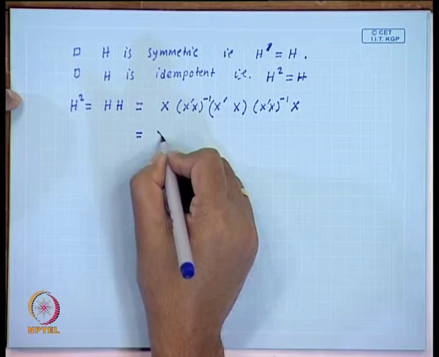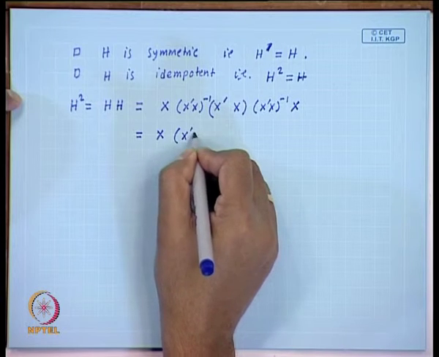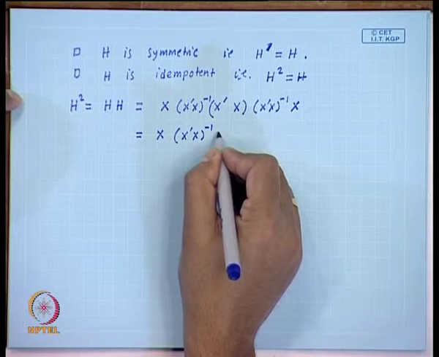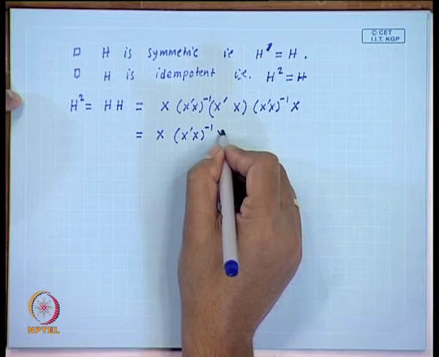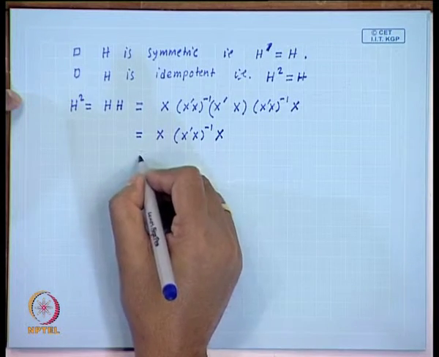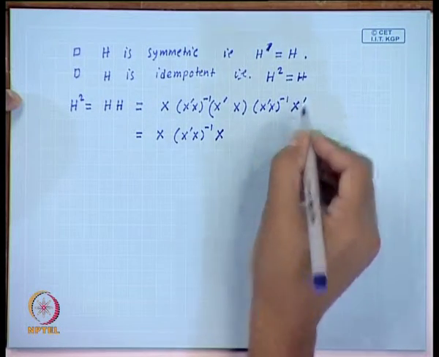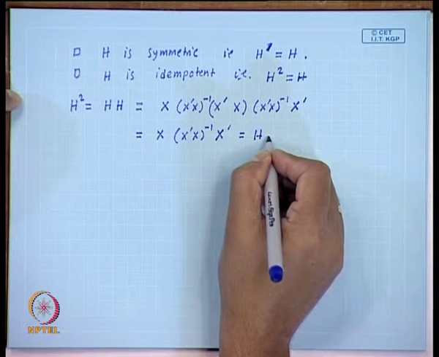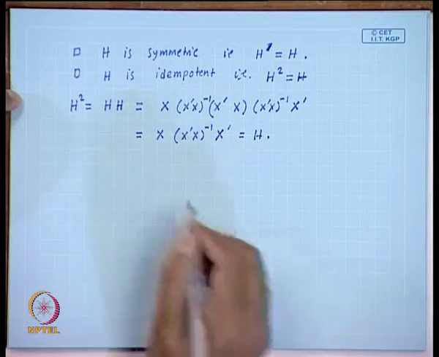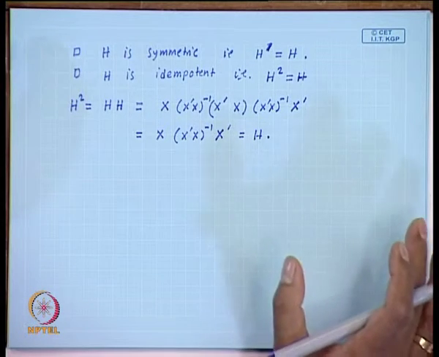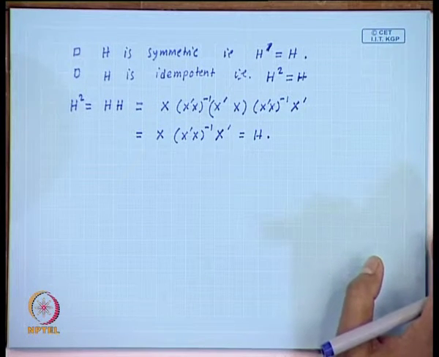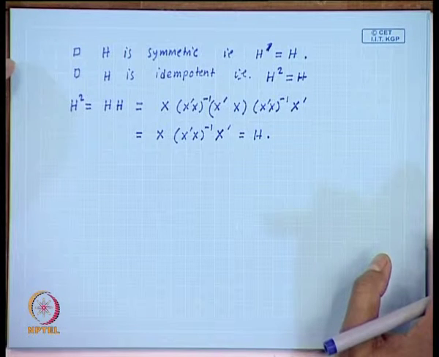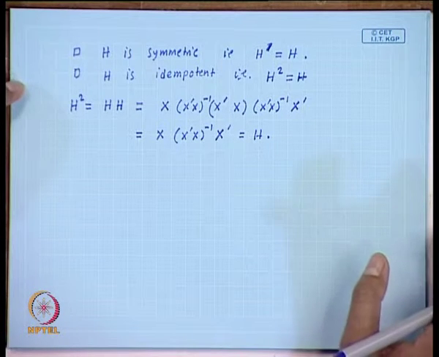So, this is X prime X inverse X, which is equal to H again. Okay. So, the two properties of the hat matrix are: the hat matrix is symmetric and it is also an idempotent matrix.